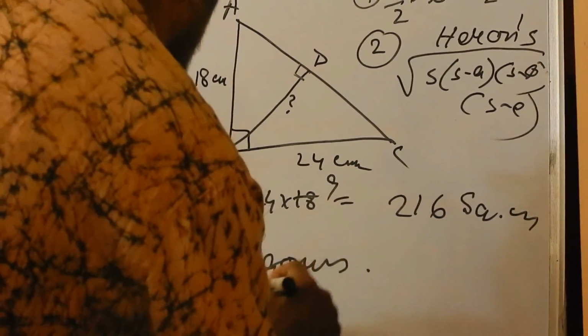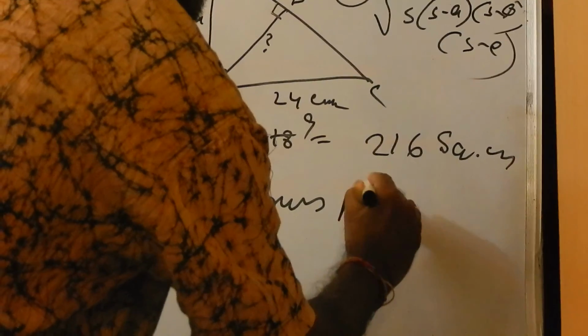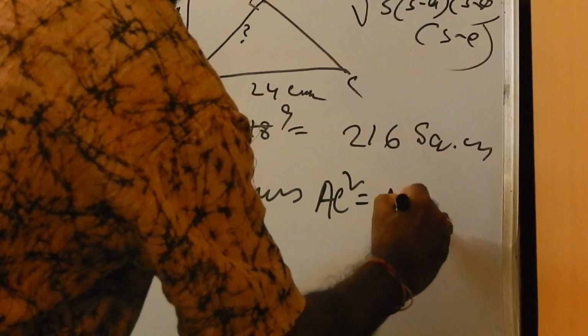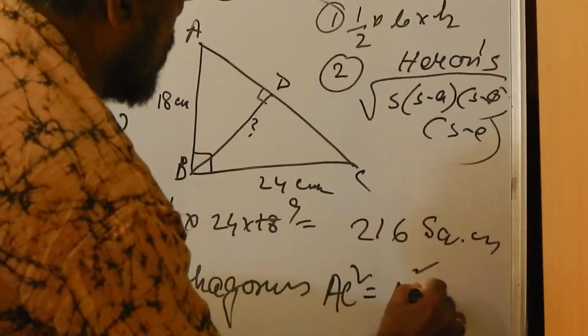So here AC square equal to AB square plus BC square.